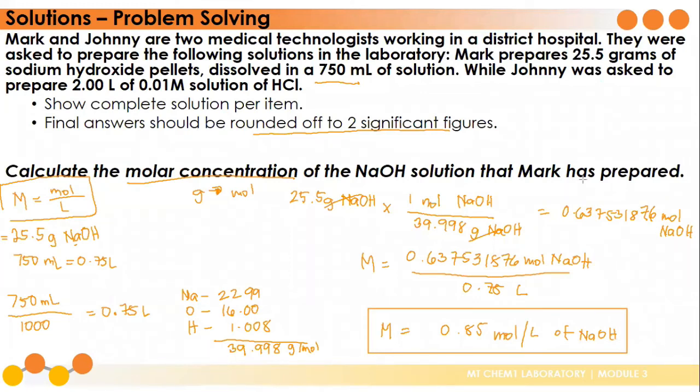Hopefully you got it. Again, just a quick run over of what we did. First, we identified what is the missing, which is molar concentration. From this, we extracted the formula to be used, which is molar concentration is equal to moles divided by liters. And then we identified the given to use. So this problem only asks for the sodium hydroxide solution that Mark has prepared, wherein it's 25.5 grams of sodium hydroxide dissolved in 750 ml of solution.